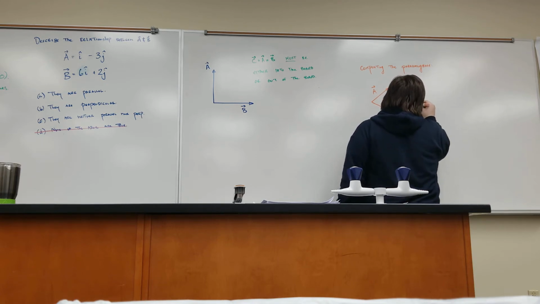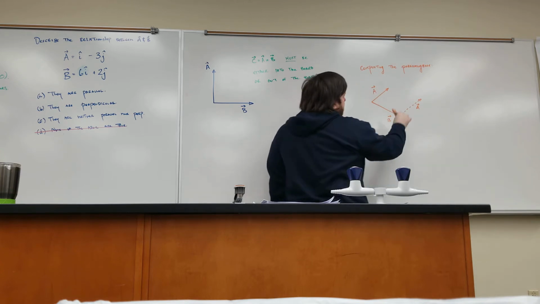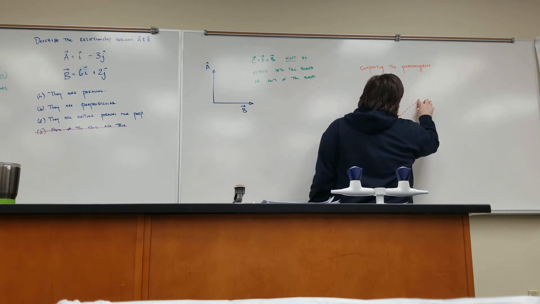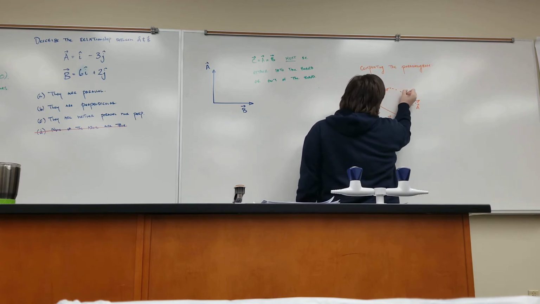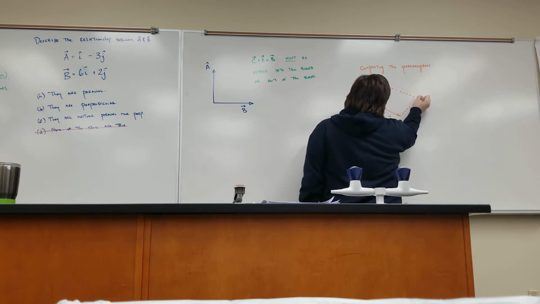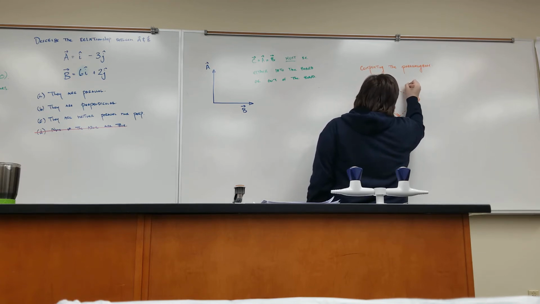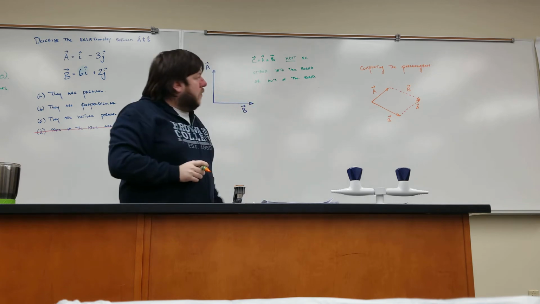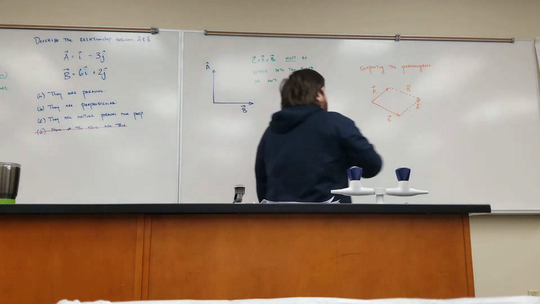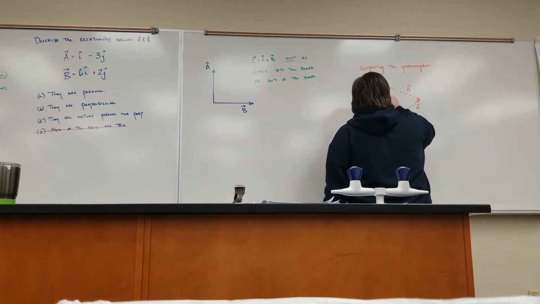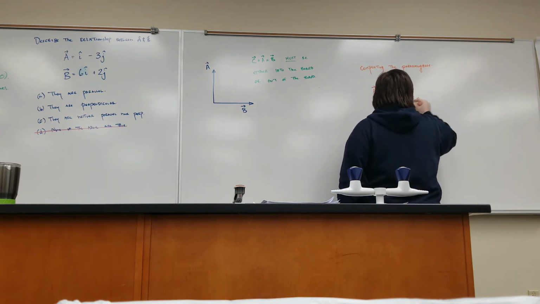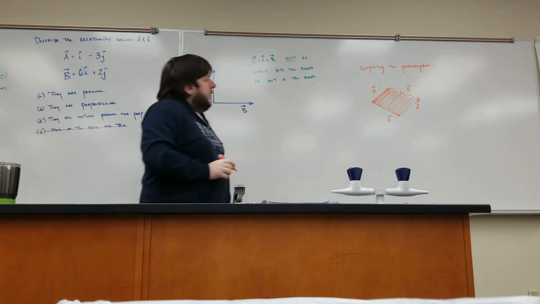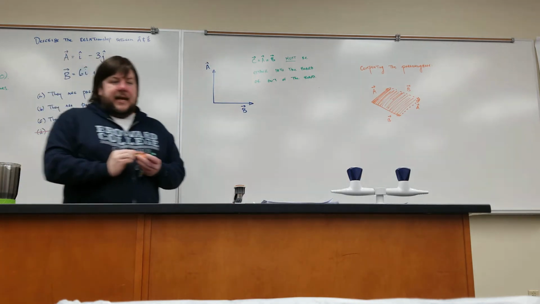This is A. And you can imagine transporting B from here to here. A is a little bit long, but B transports from here to here. And that is going to form a parallelogram. That's a two-dimensional surface like a piece of paper.